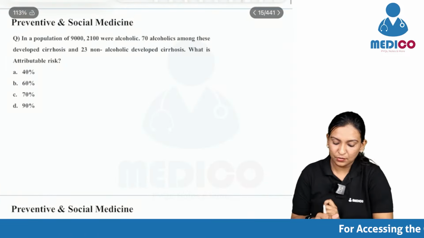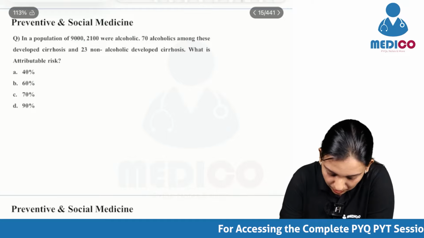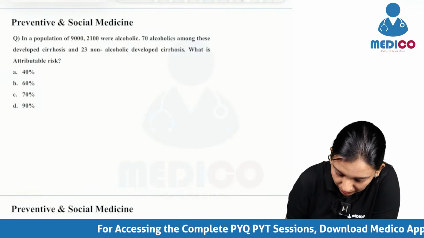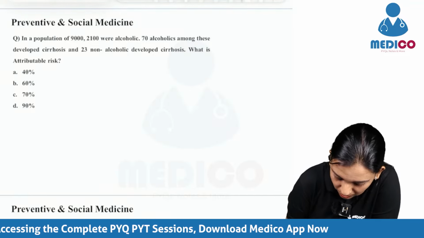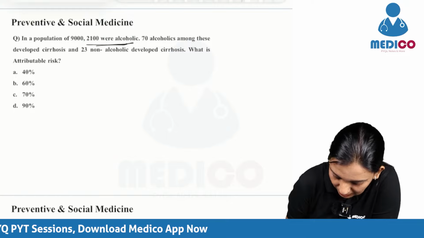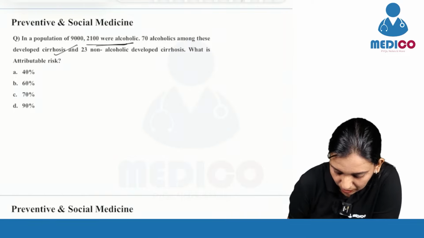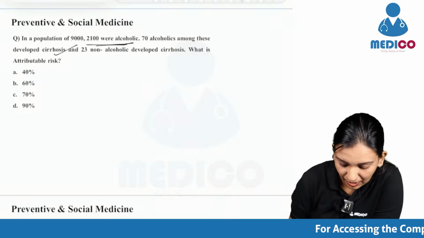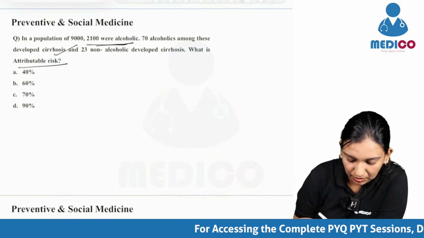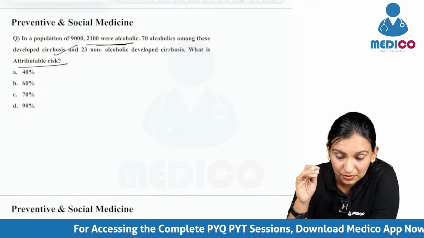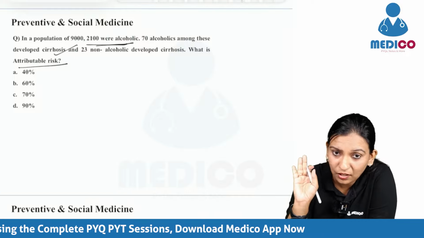Okay, so the next question: in a population of 9,000, 2,100 were alcoholic, then 70 alcoholics among these developed cirrhosis and 23 non-alcoholic people developed cirrhosis. What is the attributable risk? They've asked for attributable risk, and what is the study design they're asking about? It's a cohort study, right?